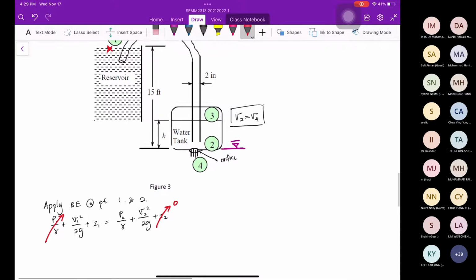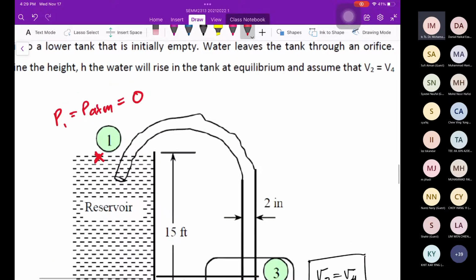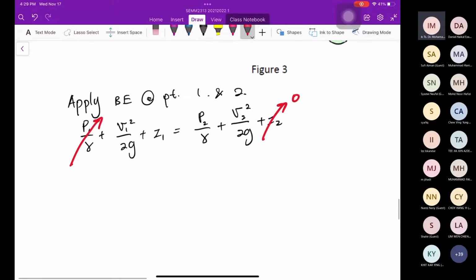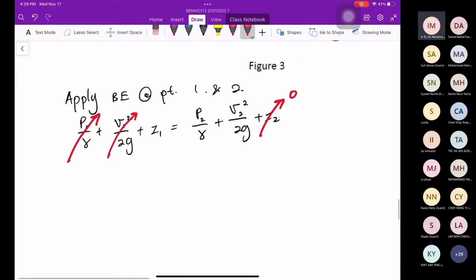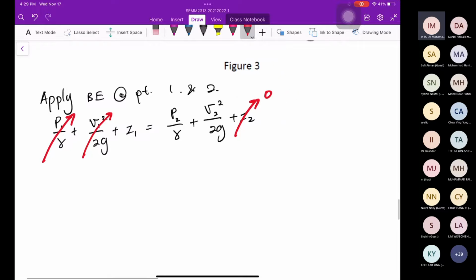Cancel. And then velocity V1 is equal to 0 because this is a reservoir. It is hard to see the movement of water at the surface. It is nearly 0.